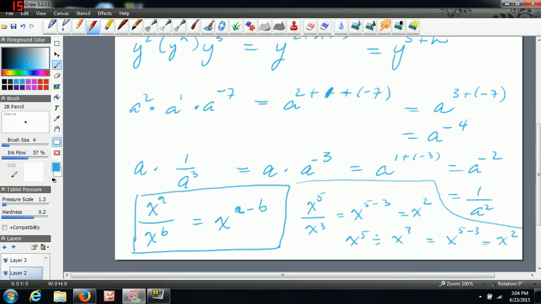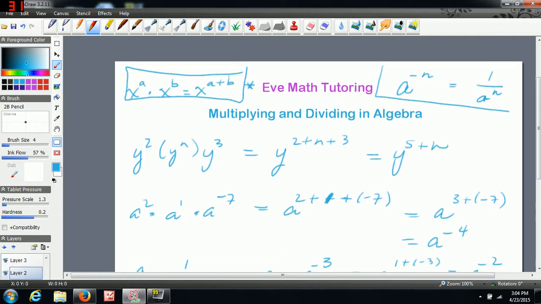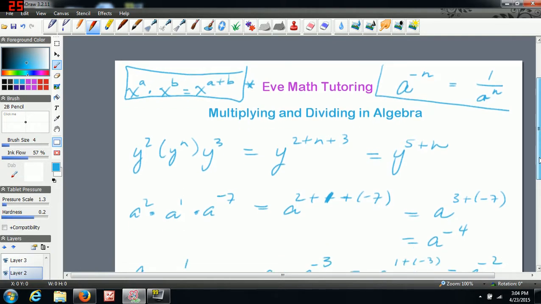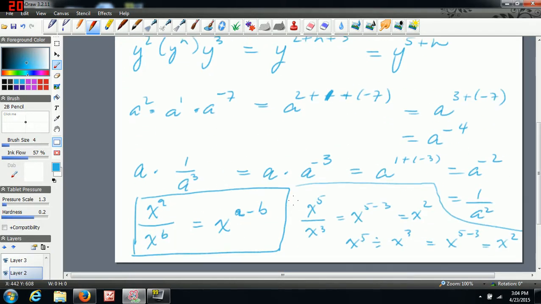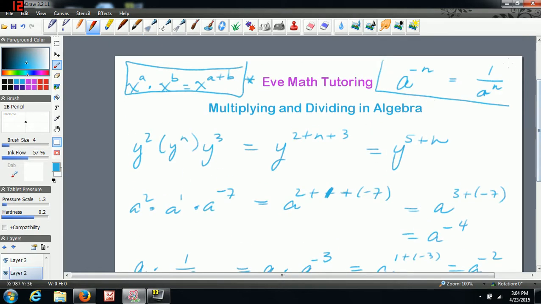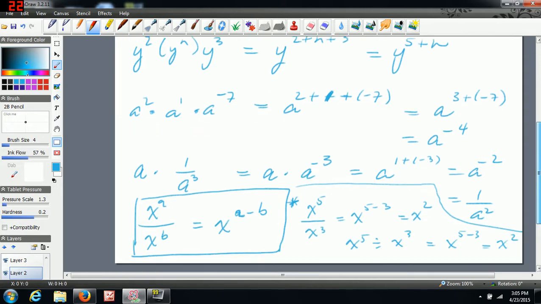These rules always hold in algebra, so they're important rules to remember: that first one and this one right here. And this one is also good too, because if you have 1 over something to the power of a number, you could always write it as a negative exponent and just get rid of the 1. That's just another thing to remember for notation.